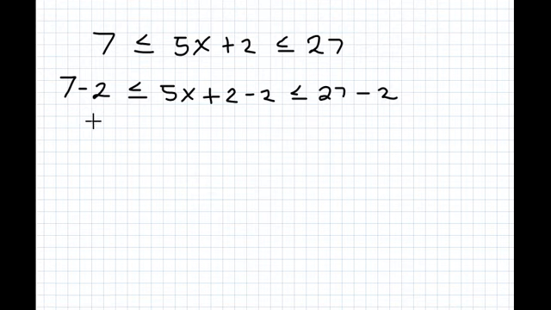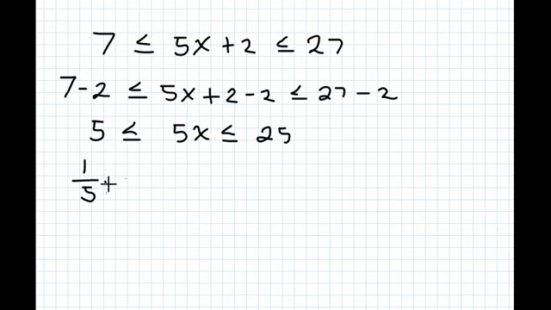So now we go ahead and simplify this down. This becomes 5 is less than or equal to, we got a 2 minus 2, which is going to be 0. So this becomes 5x is less than or equal to 25. Now I'm going to go ahead and multiply through everything by 1/5. We want to get a 1 here, and we're going to do that by multiplying through by 1/5.